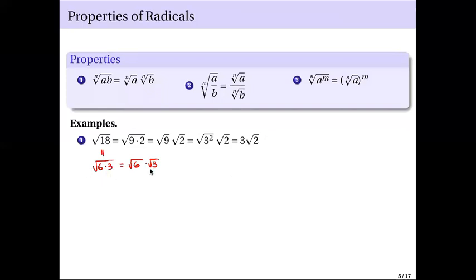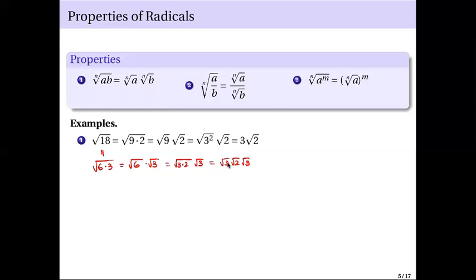But 6 here, you can still write it as square root of 3 times 2. 3 times 2, that's 6. And then you have your square root of 3. And you separate everything. Okay, you separate these two guys here totally. You will have square root of 3, square root of 2, and then square root of 3.